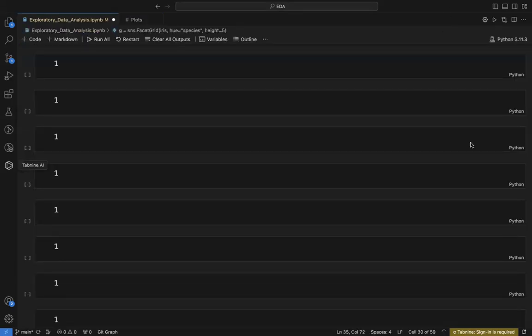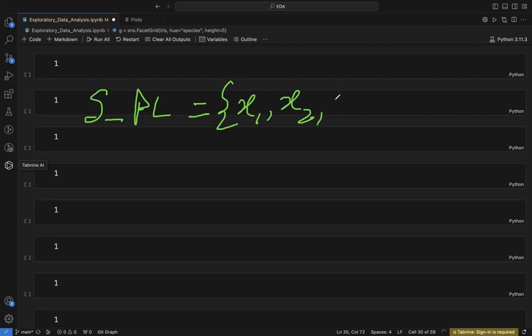For understanding the variance, let's take our set of petal lengths. We have already seen this petal length, and we have petal lengths x1, x2, x3, and so on till x50.